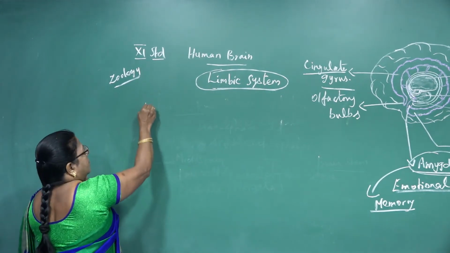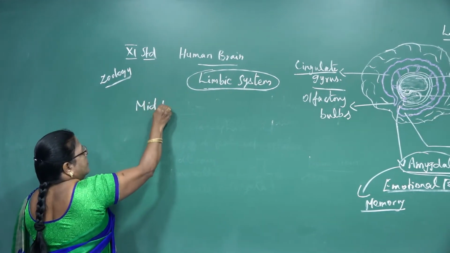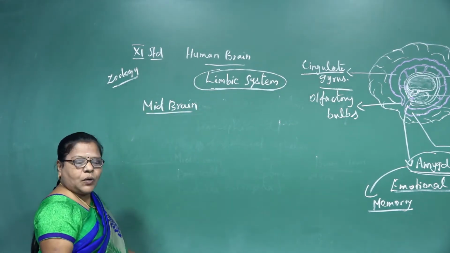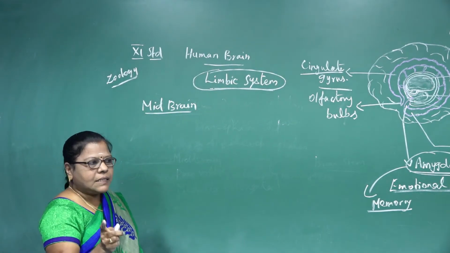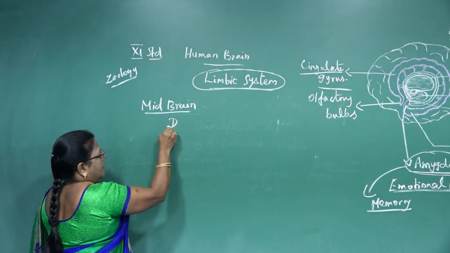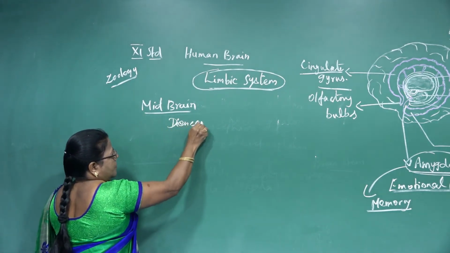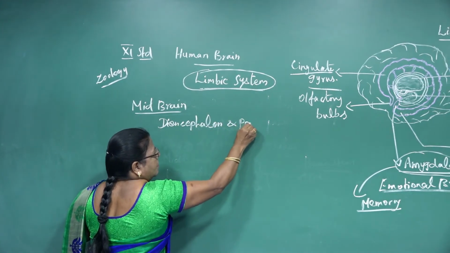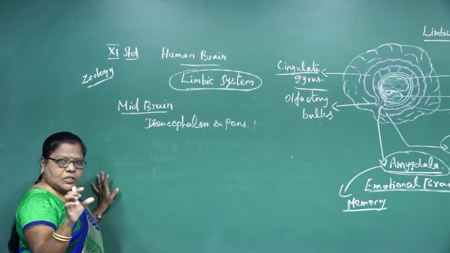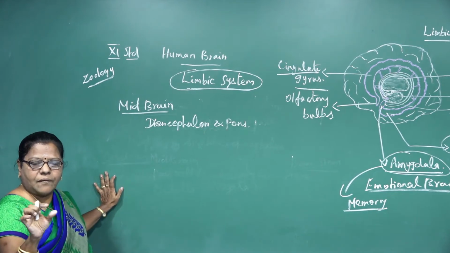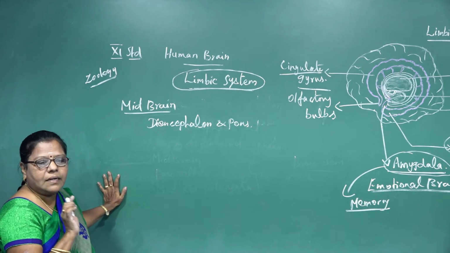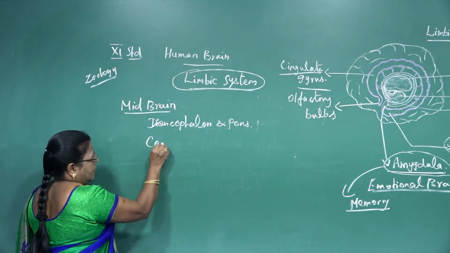The first one, midbrain. The midbrain is located in between the diencephalon and pons. The lower portion of the midbrain has a pair of longitudinal bundles of nerve fibers that is called the cerebral peduncle.